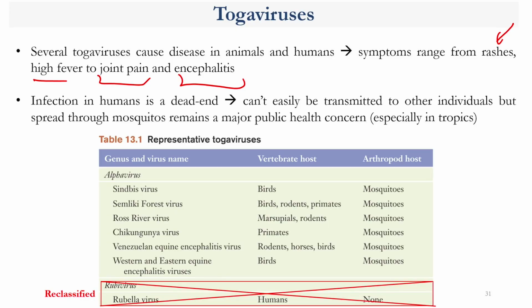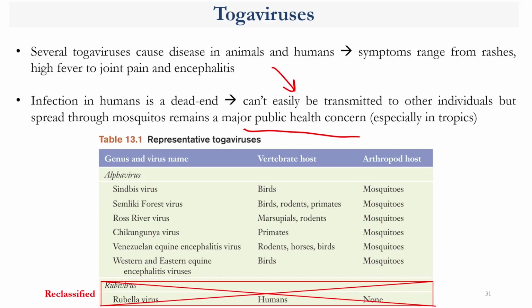But one thing to note is that if a human is infected, the infection is dead end, okay? What that means is it can't easily be transmitted to other individuals. But it spreads through mosquitoes, so again, it's arthropod driven. That's the major public health concern, especially in the tropics, okay?